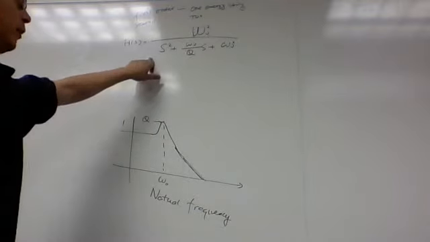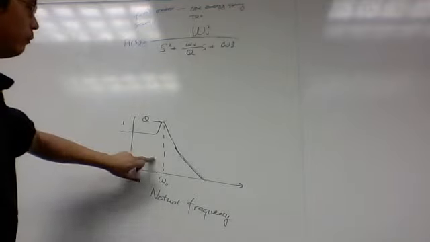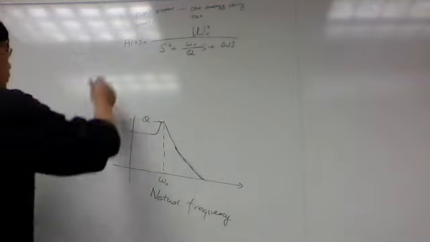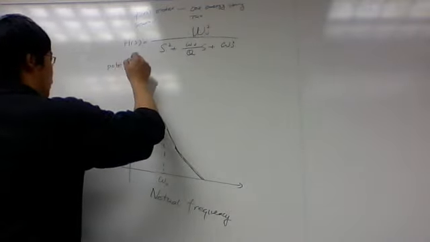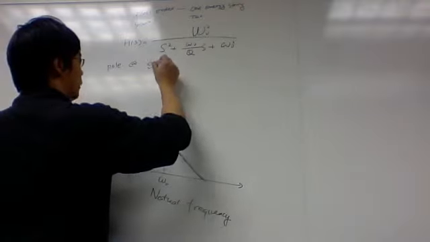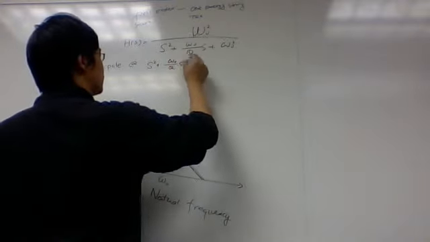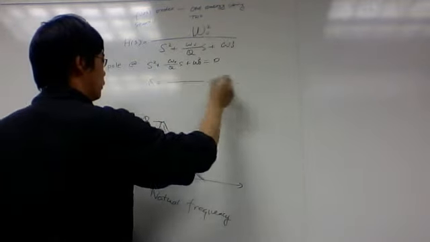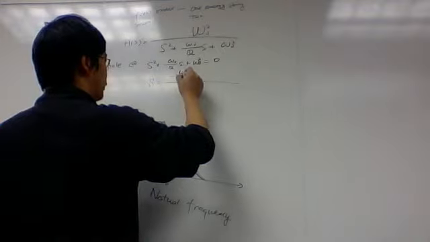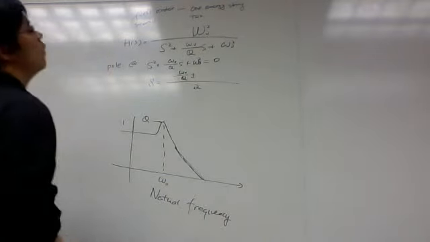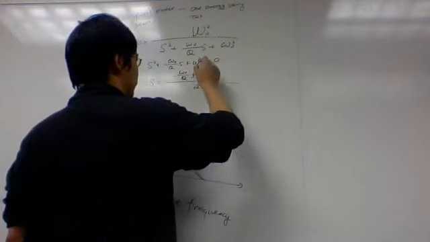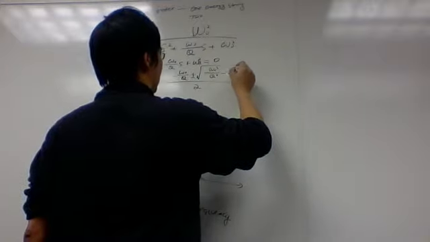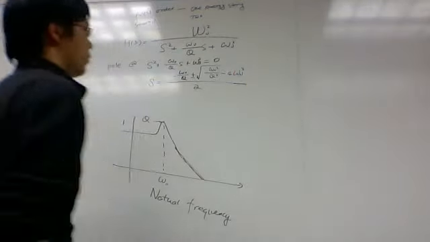We still see the low frequency, the middle frequency, and the high frequency, but we haven't taken a look at where the poles are. The poles are where this denominator equals 0, so s will be one half of minus omega 0 over Q plus or minus the square root of something like this.